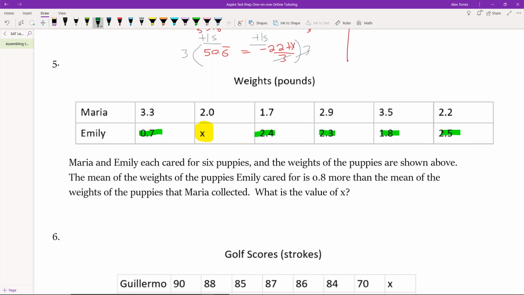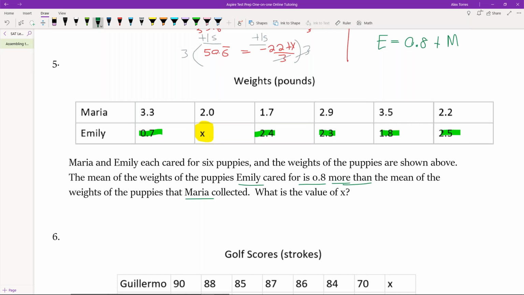So we have the unifying statement. The average of Emily's puppies is 0.8 more than the average of Maria's puppies. So we'll just give that as a general framework. Emily's puppies have an average of 0.8 more than Maria's puppies.